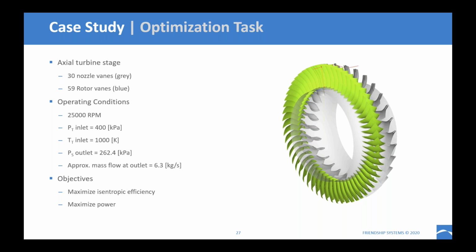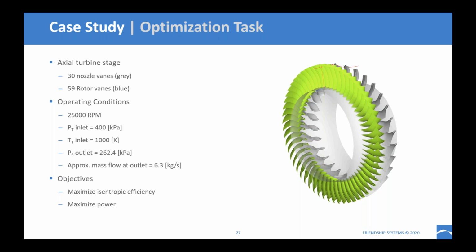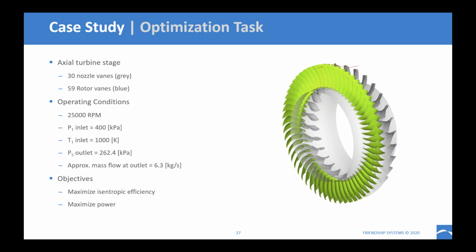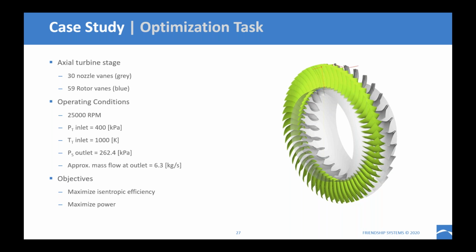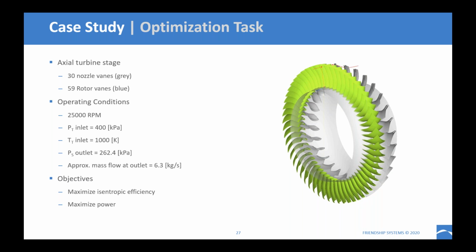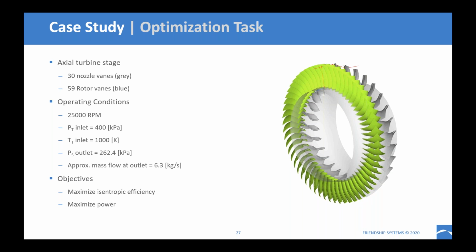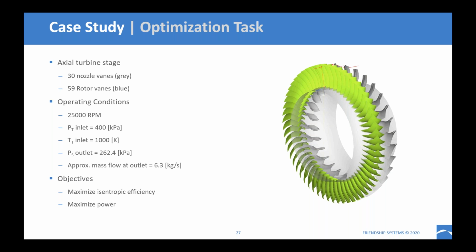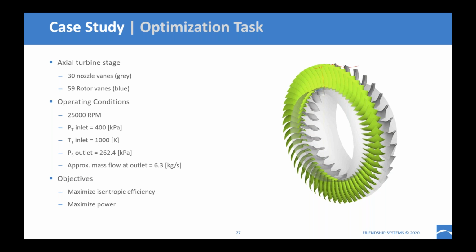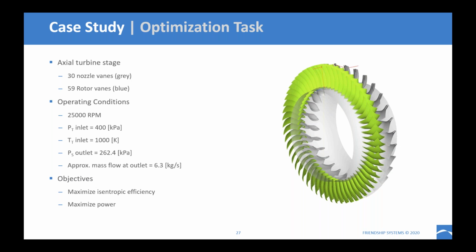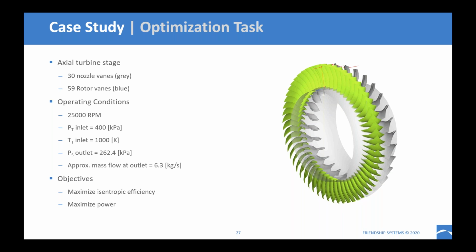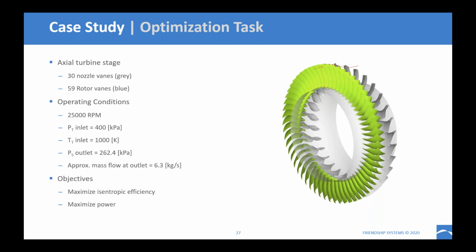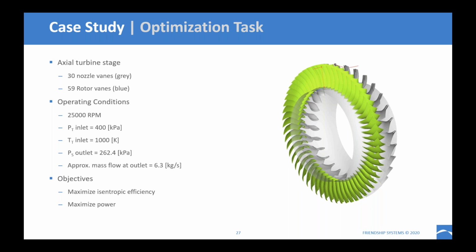The operating conditions here are 25,000 RPM, and we have a prescribed total pressure and temperature at the inlet and a prescribed static pressure at the outlet. And the objectives are to maximize the isentropic efficiency as well as to maximize the power.